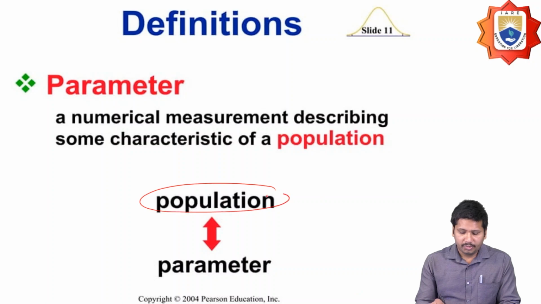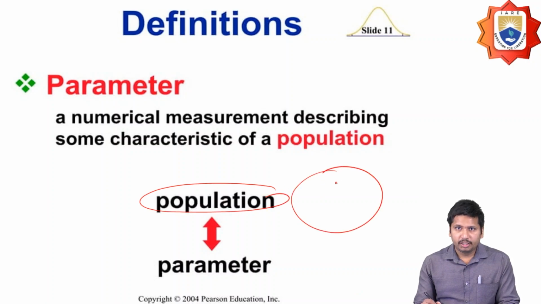From the population, a numerical measurement which describes some characteristics of the population will be treated as a parameter here.